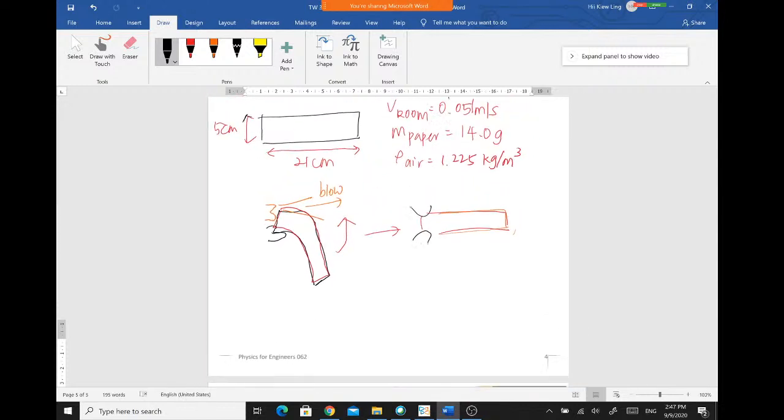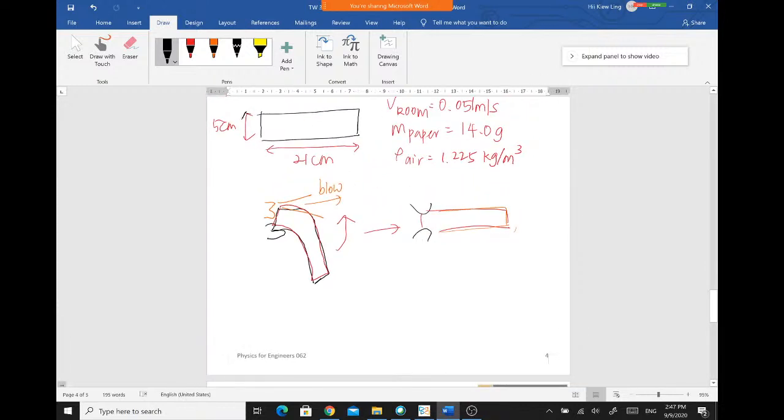Okay, so when it comes to Bernoulli principle, the first thing we have to do is choose the correct points. For here, perhaps we choose our first point to be below the pepper and the second point above the pepper. So list down the information.